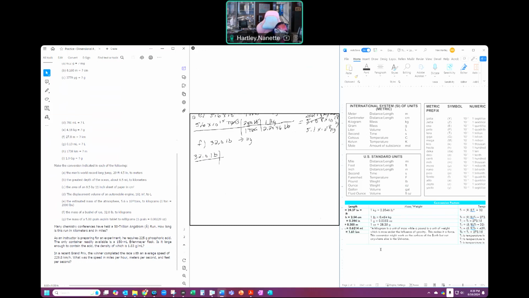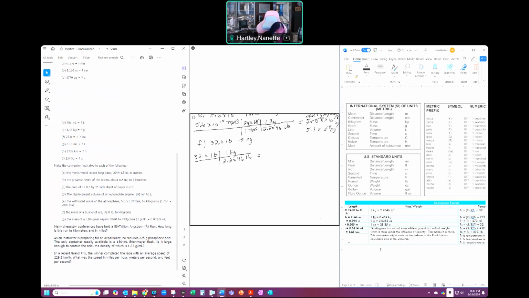And again, using the conversion factor that I just used, I know that 1 kilogram is 2.2046 pounds. If you use the other conversion factors, you should come up with the same number, provided that the numbers are actually correct, which occasionally they're not.